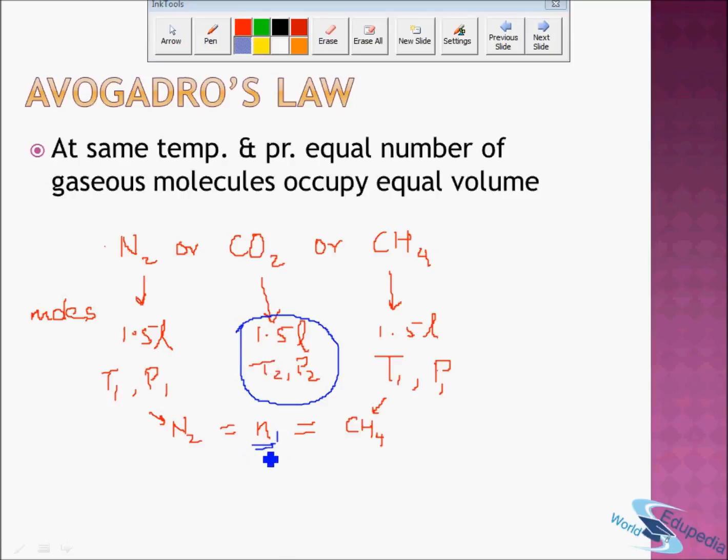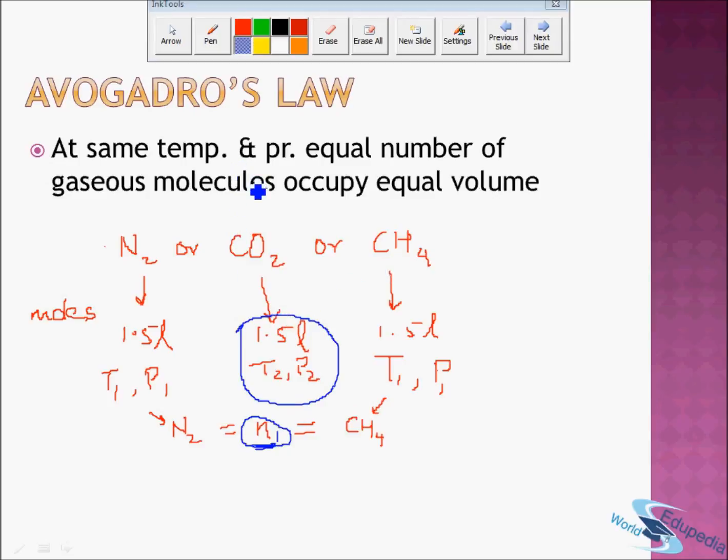Let's say this was N1, so they are definitely going to be different from N1. So I might have more or less number of CO2 molecules, but they will not be same as that of N2 or CH4. This is what we understand by Avogadro's law.